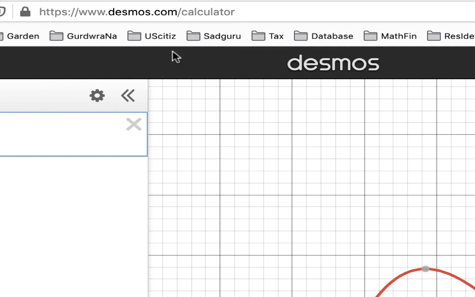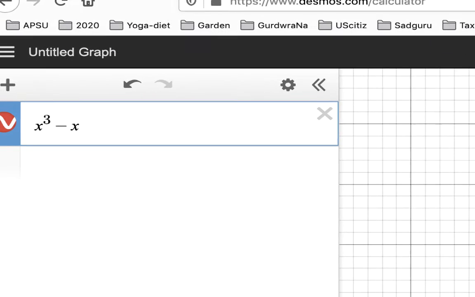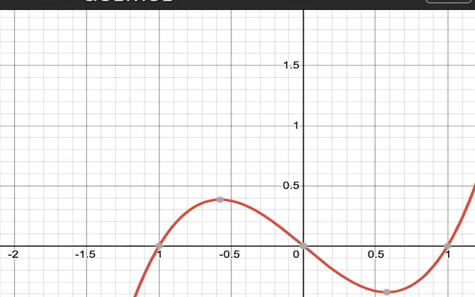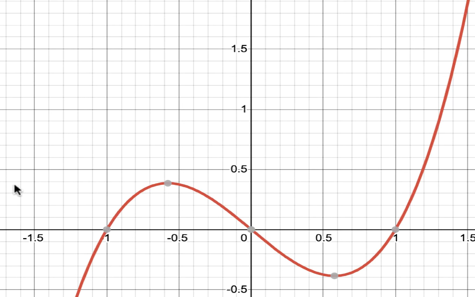On the web page I go to desmos.com calculator, a free graphing calculator. You can also do it there. When you open this, on the left hand side you write down the expression x cubed minus x, and automatically a graph is drawn, and that's the graph you see here.